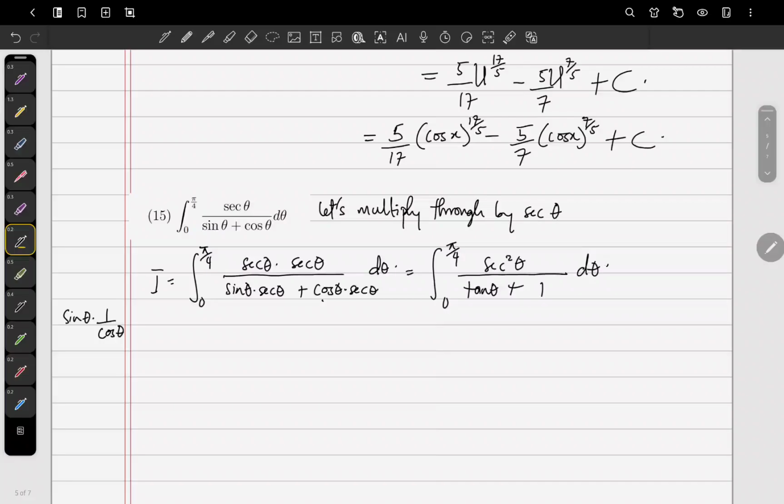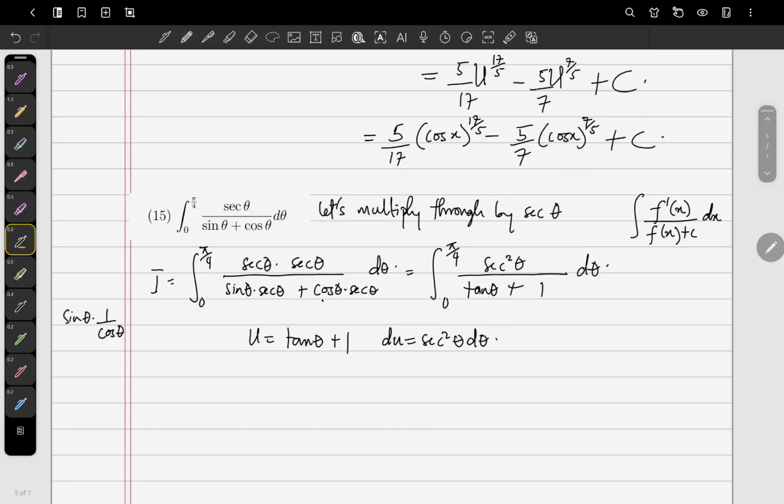Very good. Anytime you have a situation where you have the derivative upstairs and you have f of x plus a constant in the denominator, just set u to be that denominator immediately. So in this case, u is equal to tan theta plus 1. And then that means that du is equal to sec squared theta d theta.